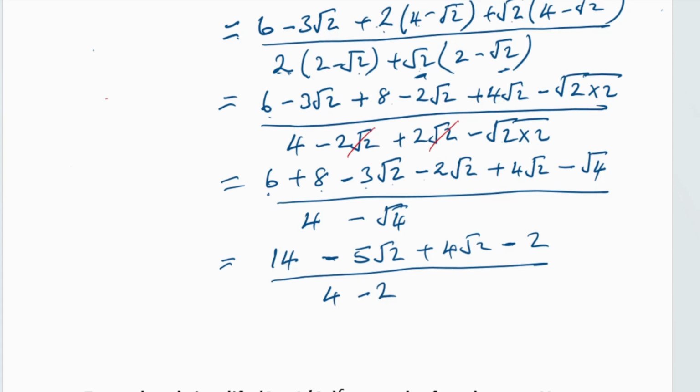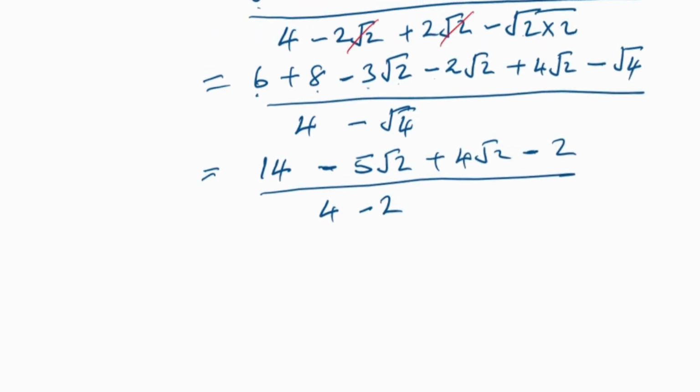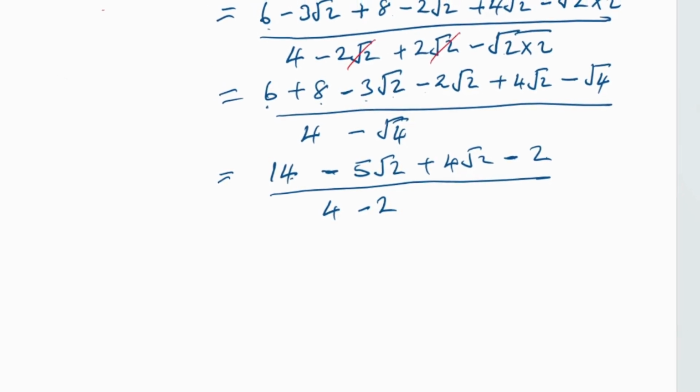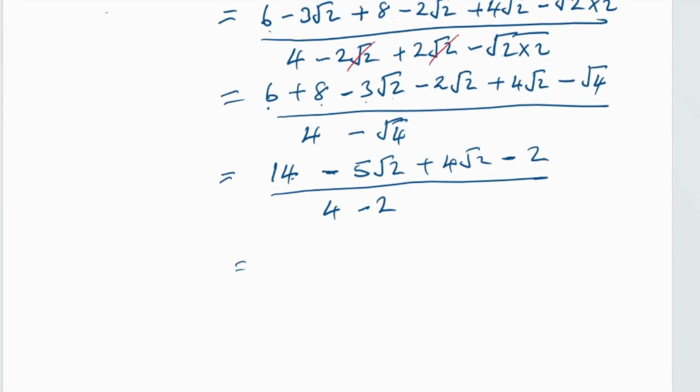And therefore, I put the like terms together. It will be 14 minus 2. Then minus 5 plus 4 will be equal to minus square root 2. Then over 4 minus 2 is 2.